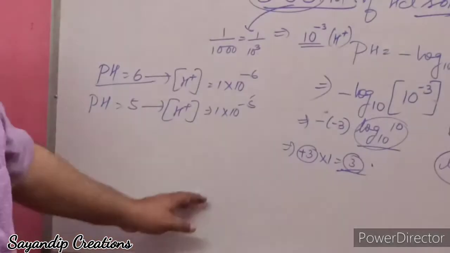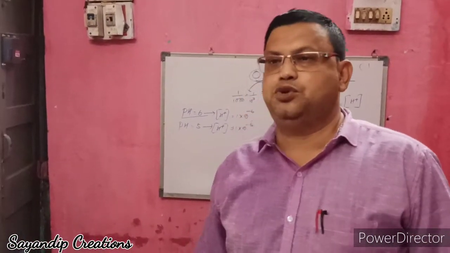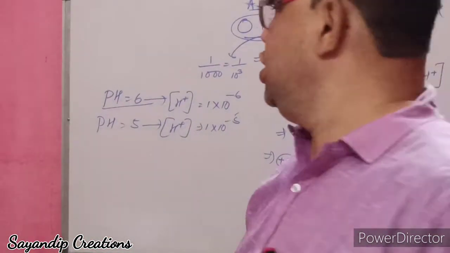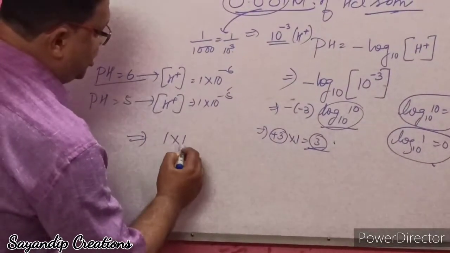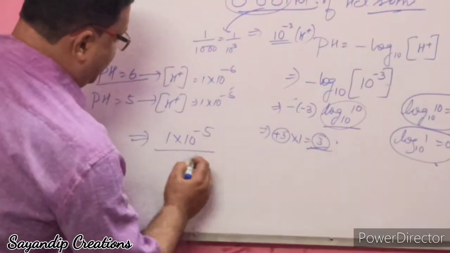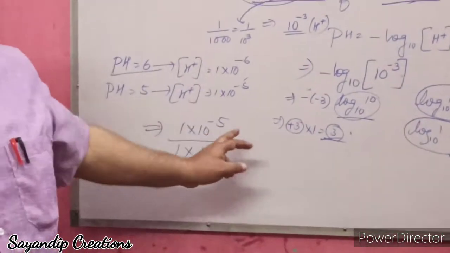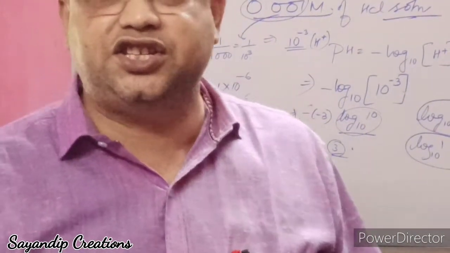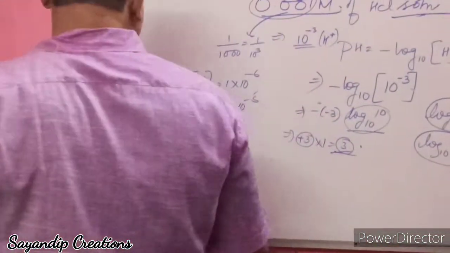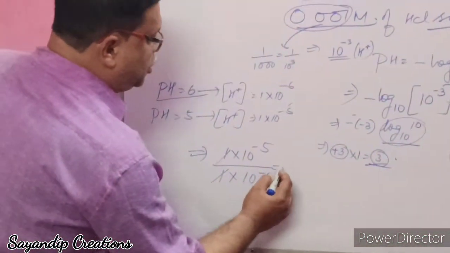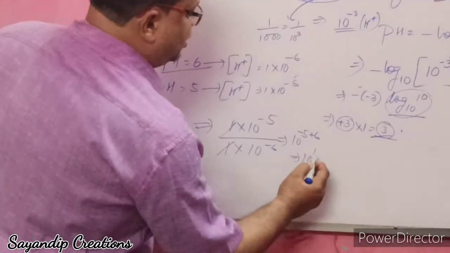So, if the pH changes from 6 to 5, what change do you expect in the hydrogen ion concentration? You can write 1 into 10 to the power minus 5 by 1 into 10 to the power minus 6, because 10 to the power minus 5 is greater. The 1 cancels, and 10 to the power minus 5 plus 6 is 10 to the power 1, that means 10.